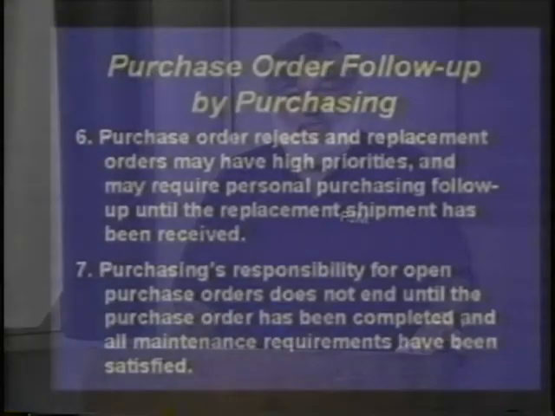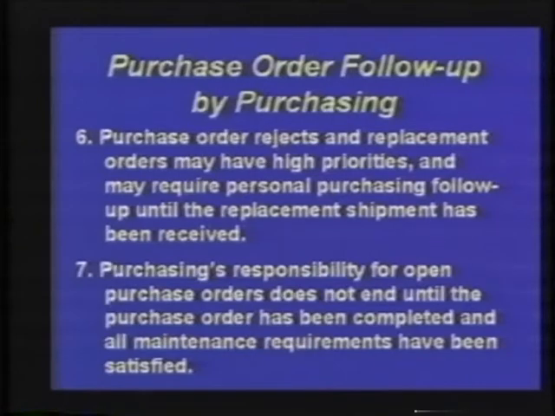Item 7, it is the purchasing responsibility for open purchase orders, and their responsibility does not end until the purchase order is complete in total. So I think you can see the necessity to have full-time purchasing support, not only to place purchase orders, but likewise to follow up on purchase orders after they have been released to the supply chain.